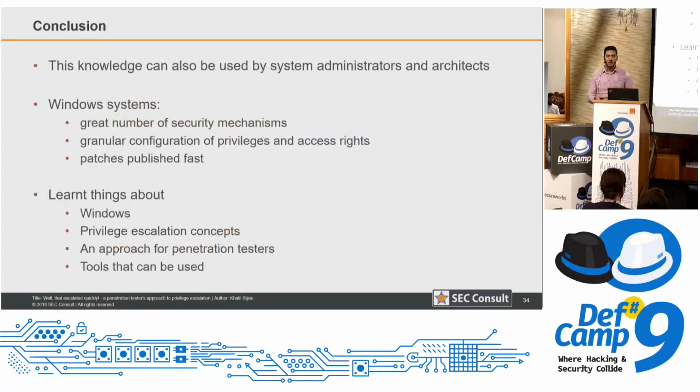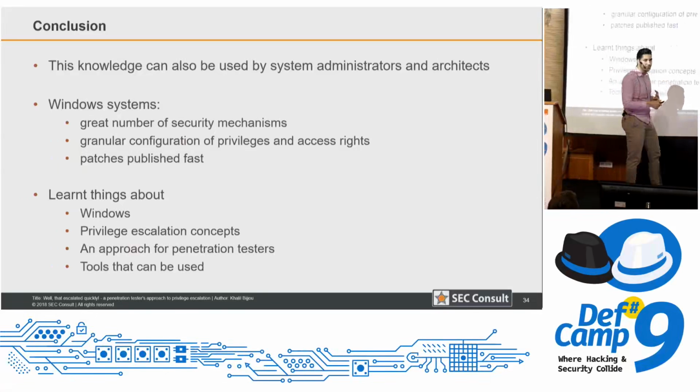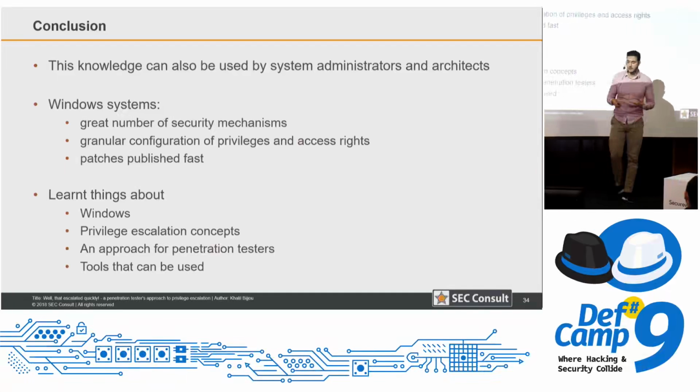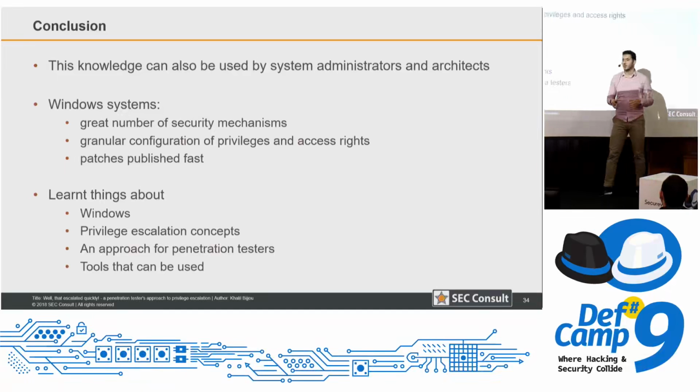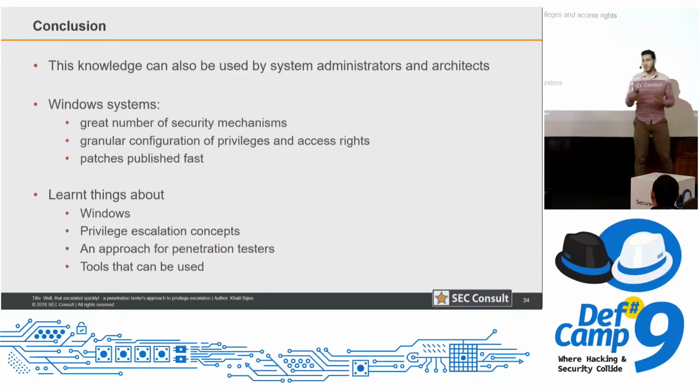So, to conclude, what we have just learned can not only be used by penetration testers, but also by network or system administrators, and by architects who build Windows systems. And generally speaking about Windows, Windows offers a great number of security mechanisms. So we have many different security tools that you can use.